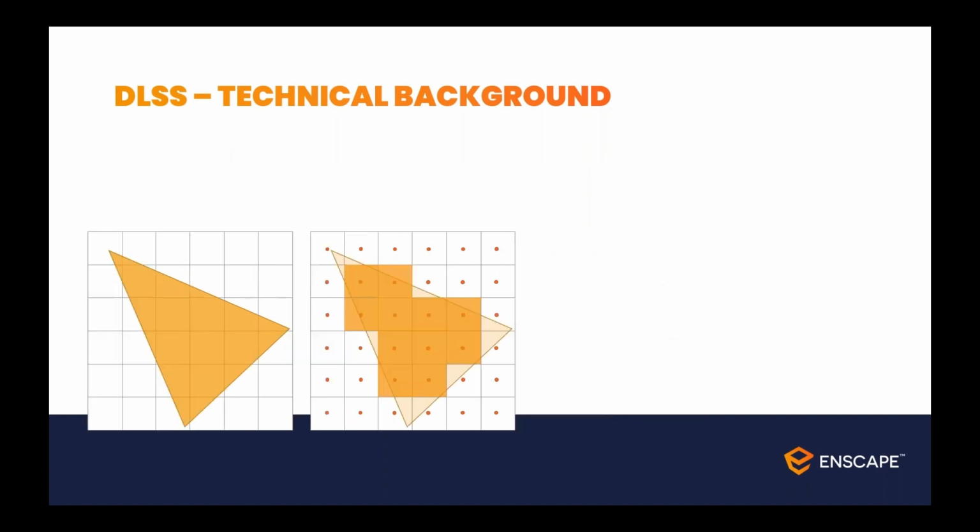So as a pixel actually covers an area in a 2D example like here, a single sample does often not give a good representation of its content, because what we want to have is a color that's proportional to the coverage of the pixel. So for example, here on the border of the triangle, that's always a mix of the triangle's color and the background color, depending on how much of each is visible in each pixel.